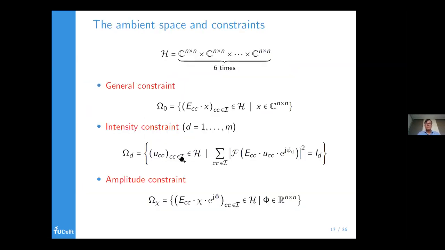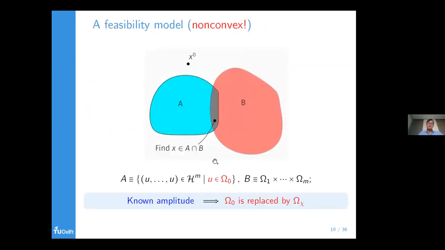There are several ways to formulate a feasibility model of the phase retrieval problem, but here it's more convenient to formulate it as a two-set feasibility problem. Here the set A is the m-times copy of the general constraint set, and B combines all the intensity constraints.